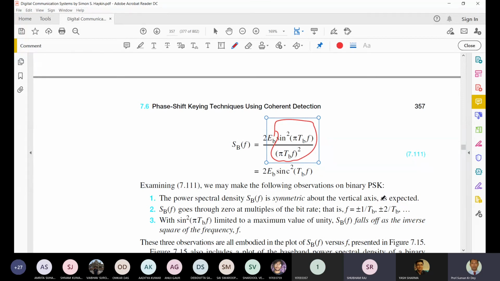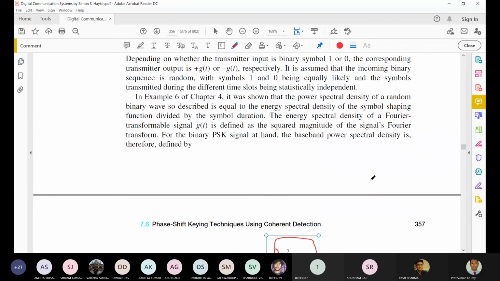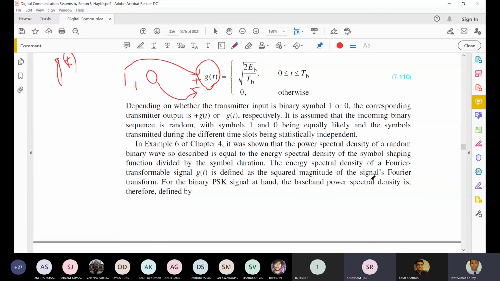Sir, why sinc square? Sinc square can mean only sinc will be there. See, basically, you see the magnitude square of the Fourier transform of the pulse function amplitude. This square root is there. So due to this square root, we will get the square terms if we solve it.